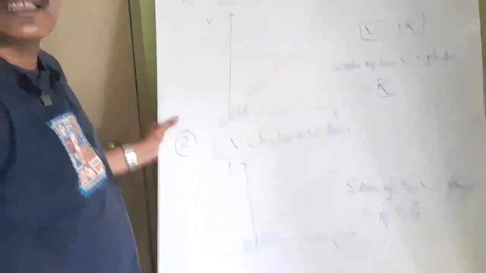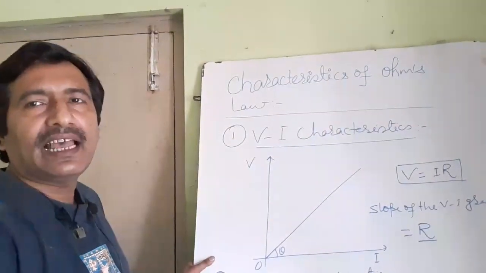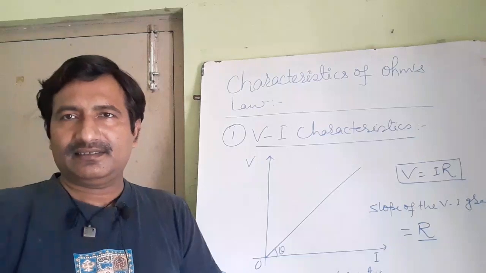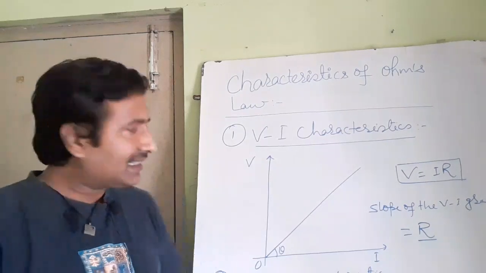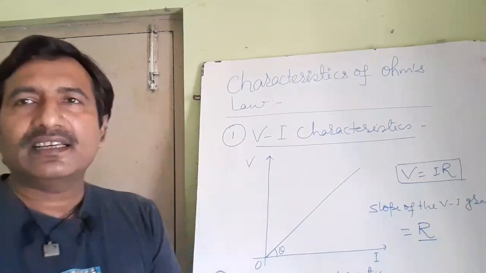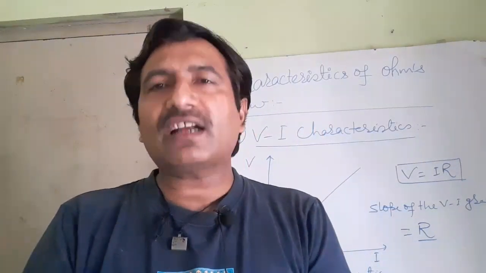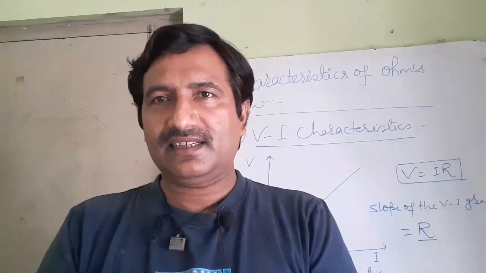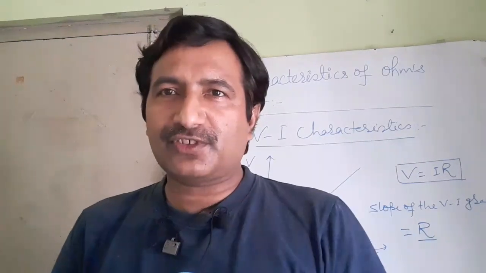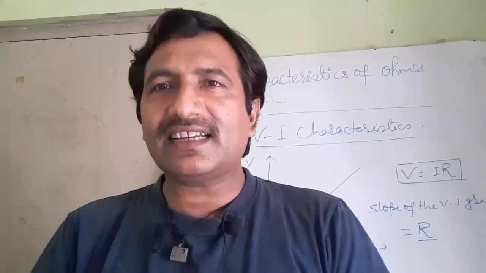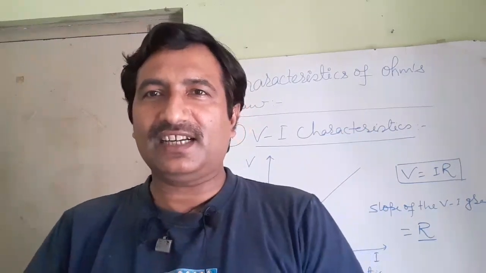Now you can see that both VI and IV graphs are straight lines. Okay? And a straight line means resistance is constant or conductance is constant. Ohm's law also says that the resistance of a conductor remains constant.